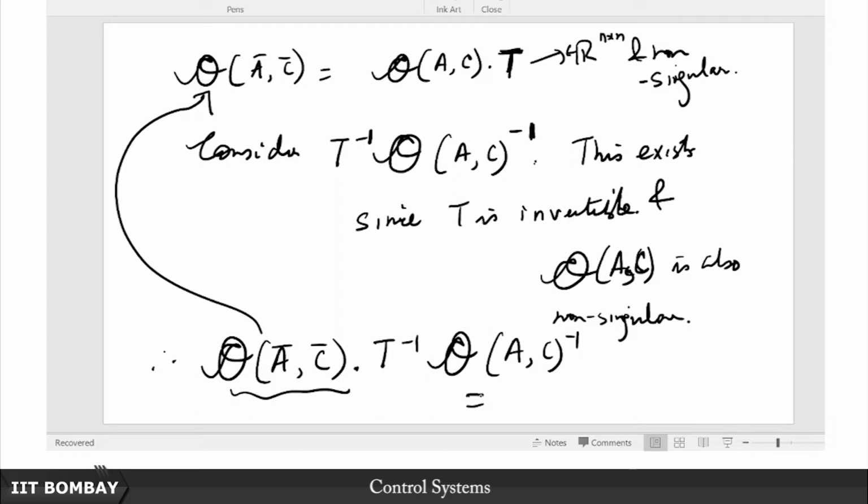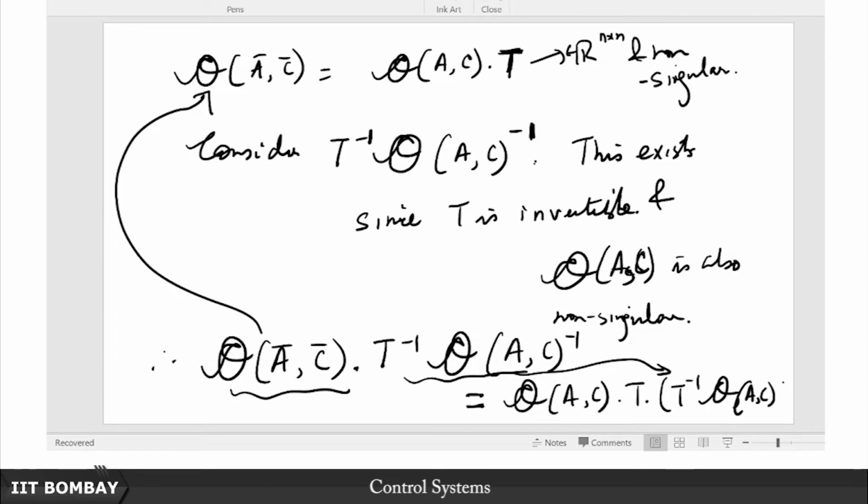This is going to be O of AC times T times this T inverse, which I am now replacing here, T inverse O of AC, with the inverse in the proper place.